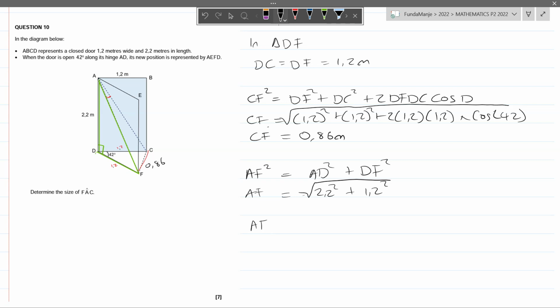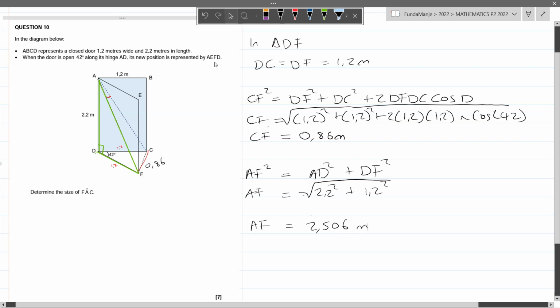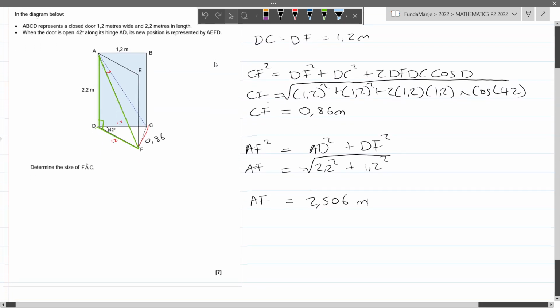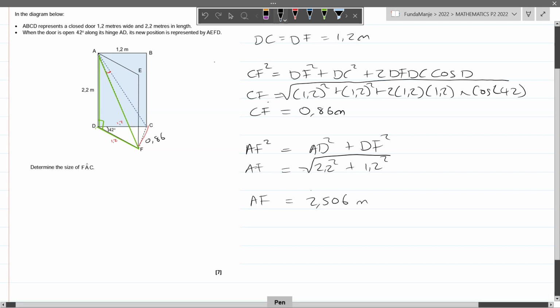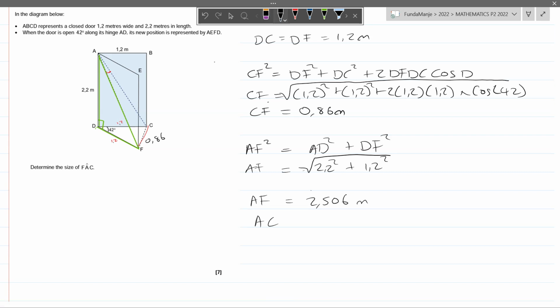And AF in this regard will be equal to 2.506, and that is in meters. Then AF would be the same size as AC because it's still the same door. So this AC is also equal to 2.506.